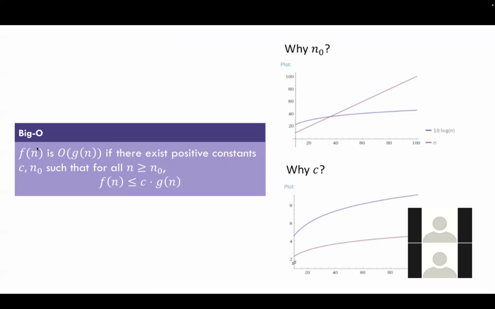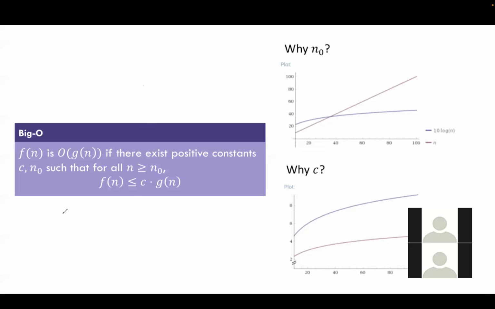This is the big fancy theorem that proves this. If f of n is upper bounded by g of n, then there exist positive constants c and n naught, such that for all n greater than or equal to n naught, the function f is less than c times g of n. If you're like me, and the first time you saw this theorem, you thought, what the heck does that mean? I have some good news for you.